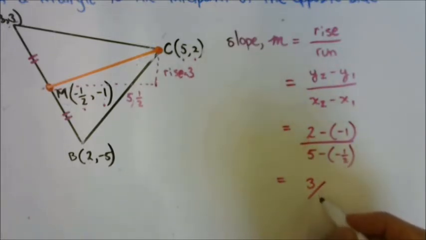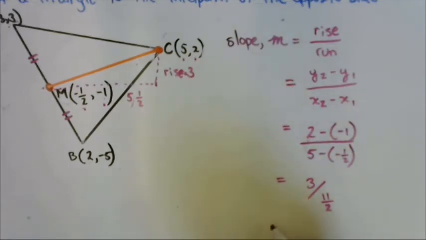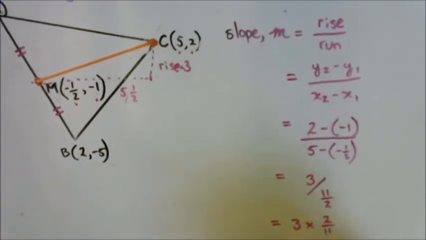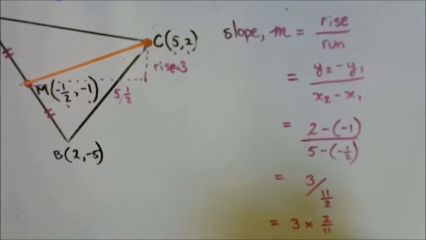And we could use our calculator at this point, or we could continue to use fractions. 5.5 is 11 over 2. We can cross multiply here, which ends up giving us 3 times 2 over 11, which is 6 over 11.